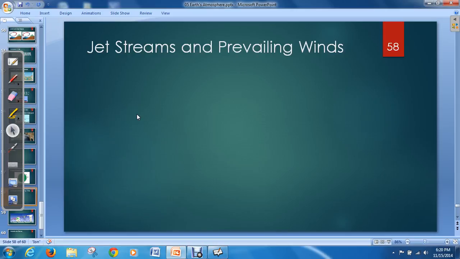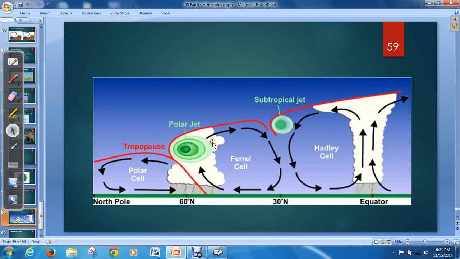And so jet streams occur from these convection cells, and we also have the prevailing winds, which we saw. The west near the equator and the east near the poles. And so these prevailing winds and the jet streams are caused by these convection cells.